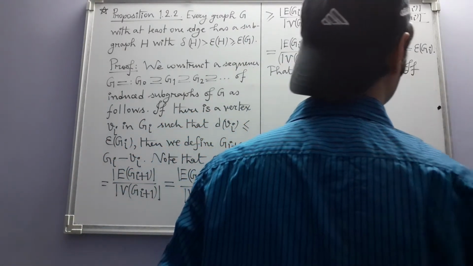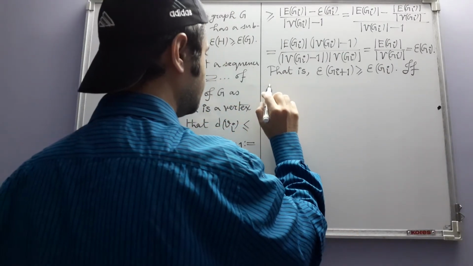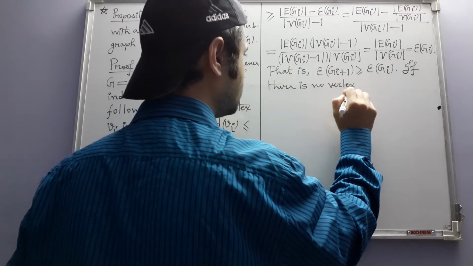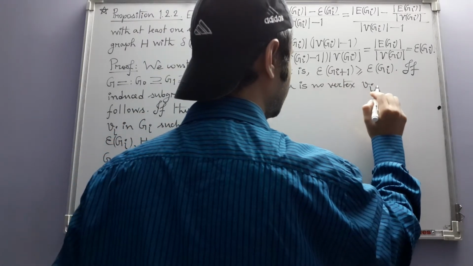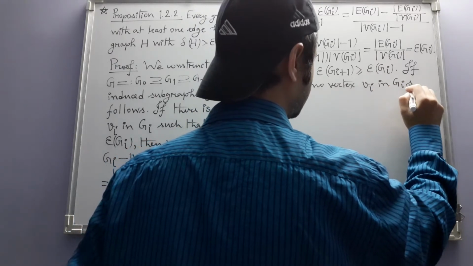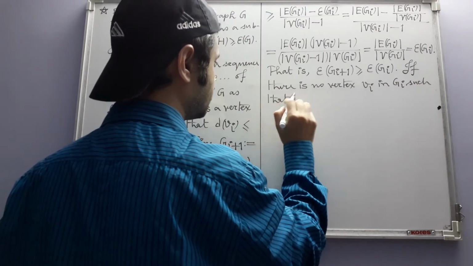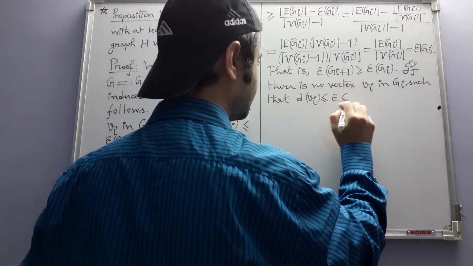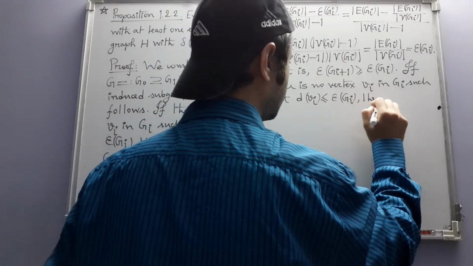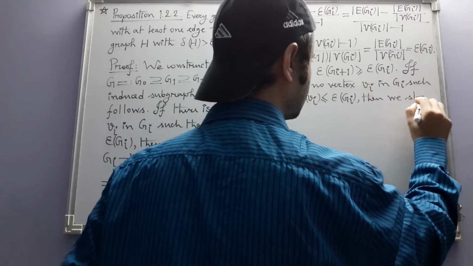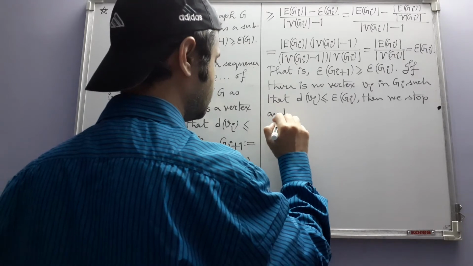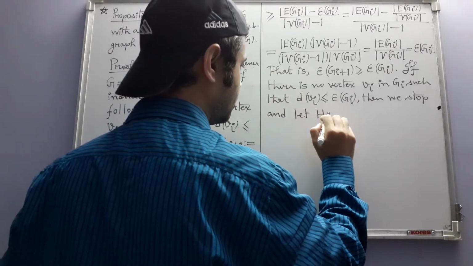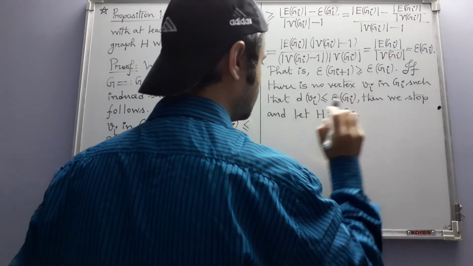If there is no vertex Vi in Gi such that the degree of Vi is less than or equal to the average degree of Gi, then we stop and let H be the graph Gi.